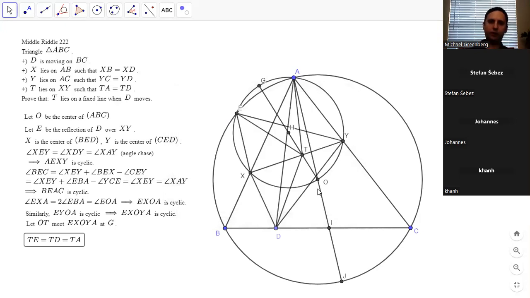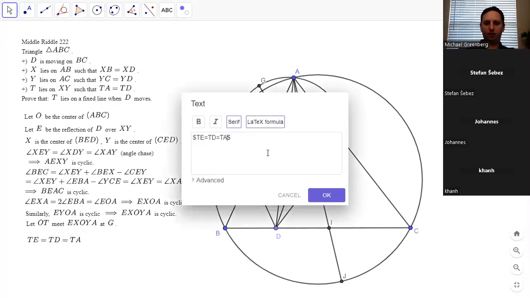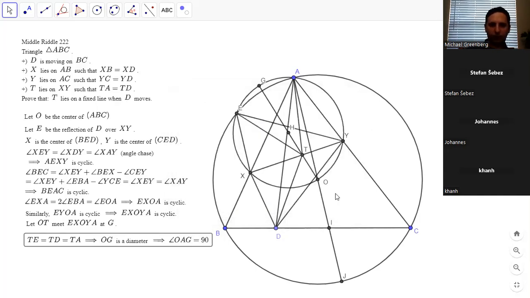From there, we know that TG, that basically proves that OG is a diameter, and that means that angle OAG is 90. So GA is tangent to ABC.